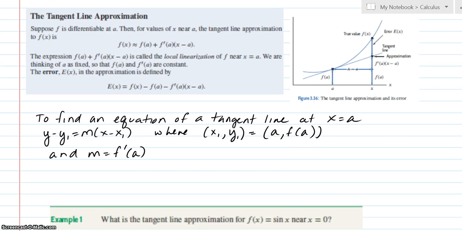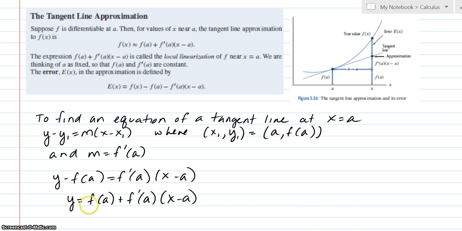If you just plug that in, y1 is f of a, m is f prime of a, x minus a, and you add f of a to both sides, you get f of a plus f prime of a times x minus a, which is the right-hand side. So what we just found is the equation of the tangent line.